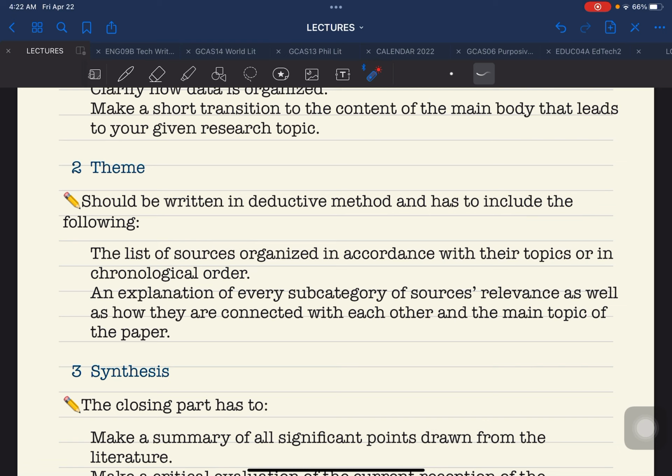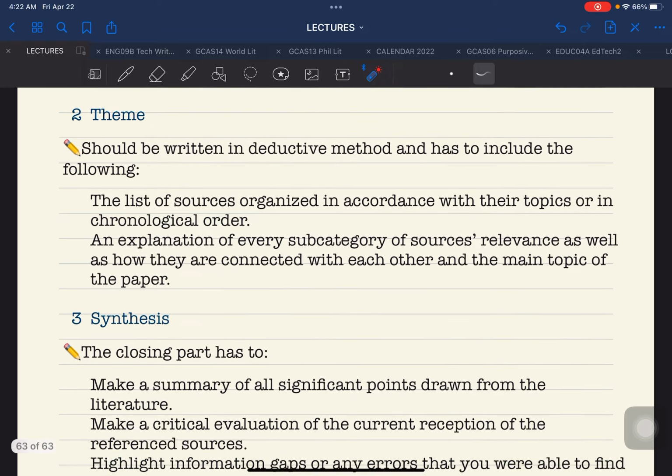Okay. The next one, again, the explanation of every subcategory of sources, their relevance, as well as how they are connected with each other and the main topic of the paper. Okay, so again, this will fall under the discussion of general to specific under deductive method.